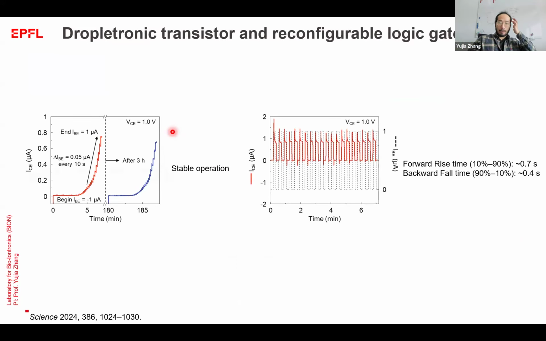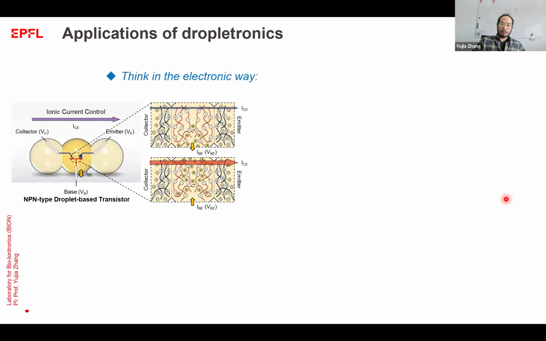It could also have a faster response because of the small size, as I explained. As you can see here, the response time for a single-drop transistor is about tens or hundreds of milliseconds, which is sufficient, as I'll show you later, to sense the beating signals from cardiac myocytes.